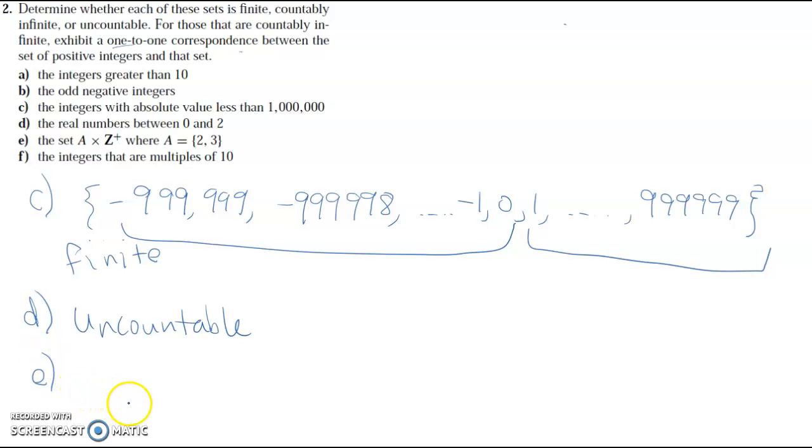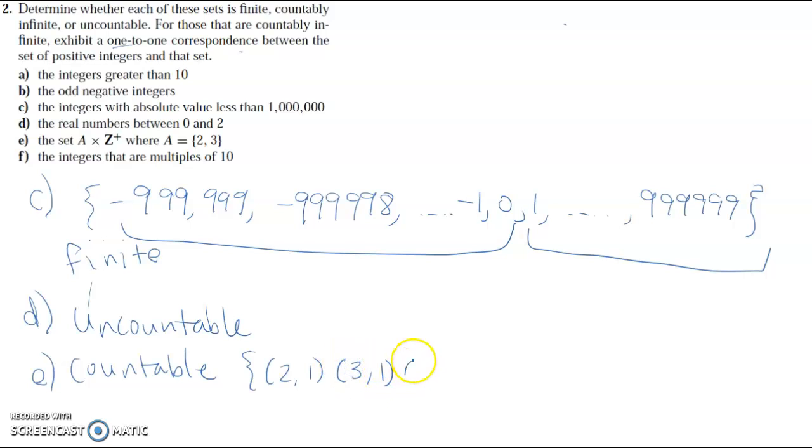All right, so E, the set A by Z, this is the finite, this would be the positive integers, where A is 2 and 3. So this is also, actually, just countable, because we can count. This would be the set of 2, 1, and we can actually list all of them out.